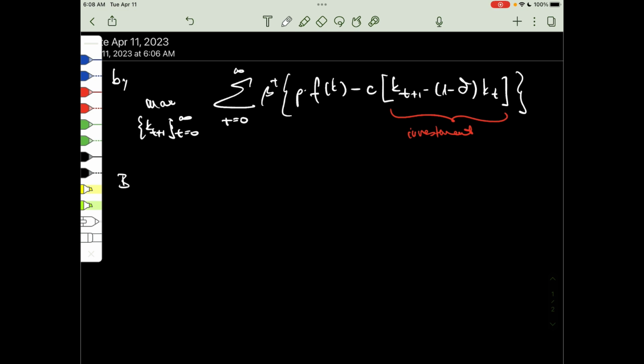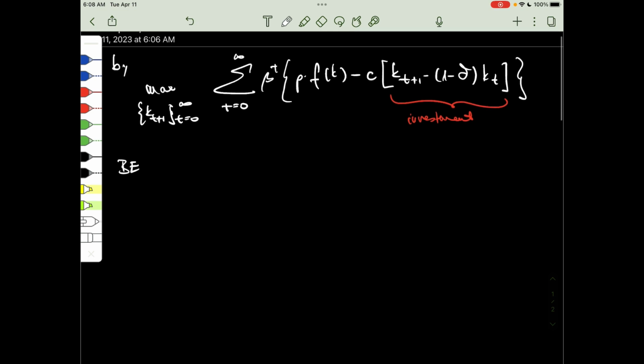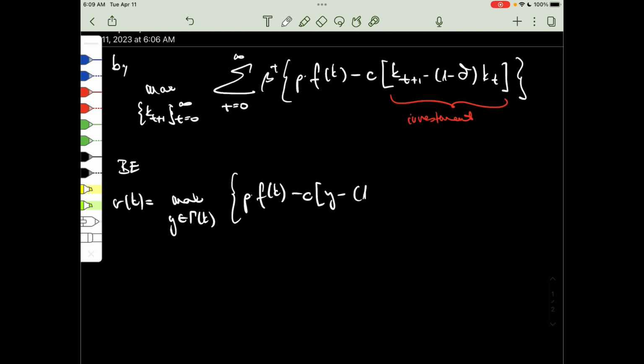The Bellman equation is the following. It looks really similar. We have next period capital stock as the choice or control variable.